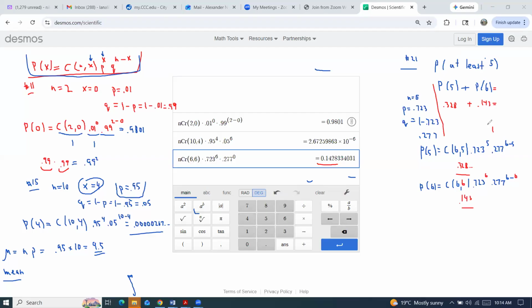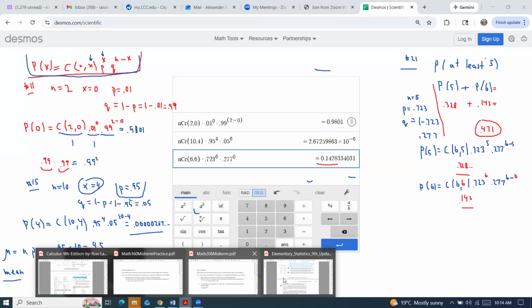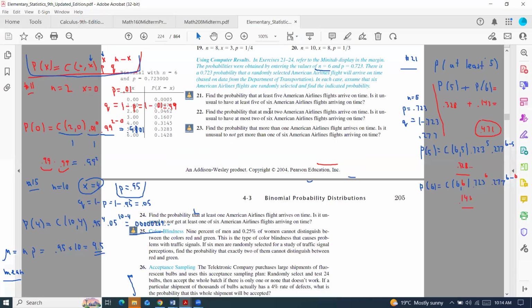So if I add, I get about 0.47. So about 47% chance that we'll get at least 5 arrivals on time. And this is what they wanted. So they say at least 5 of the 6 flights be on time.